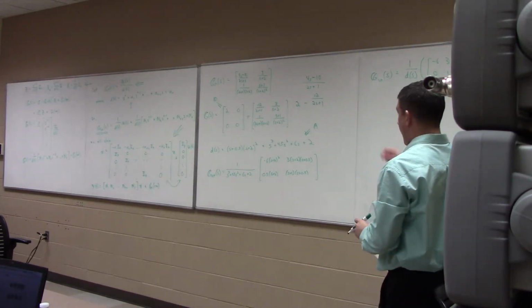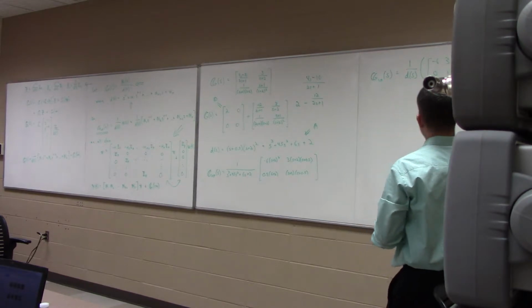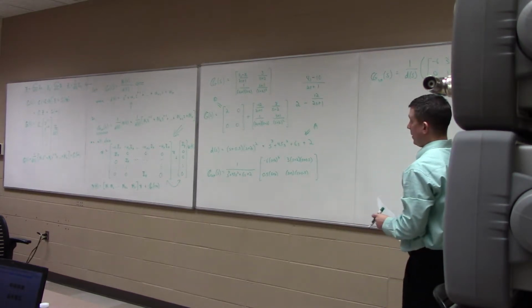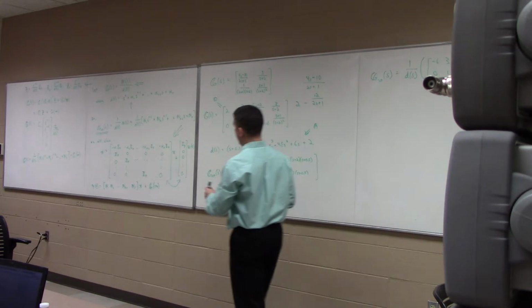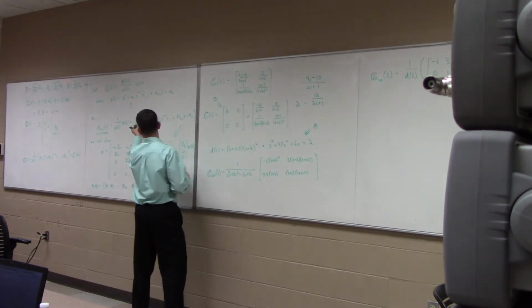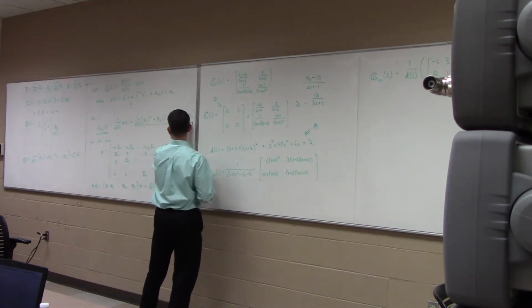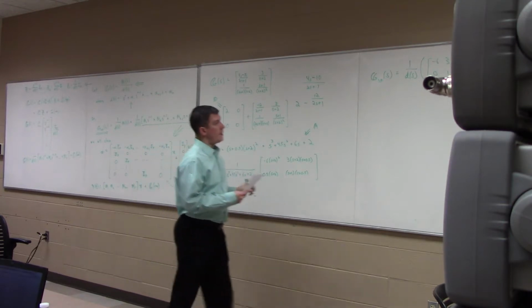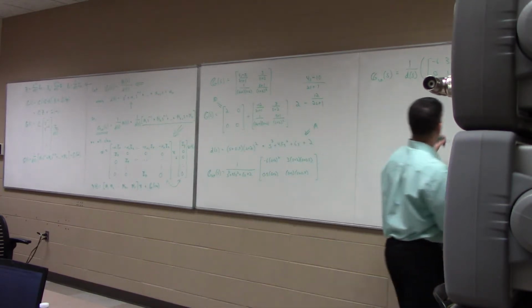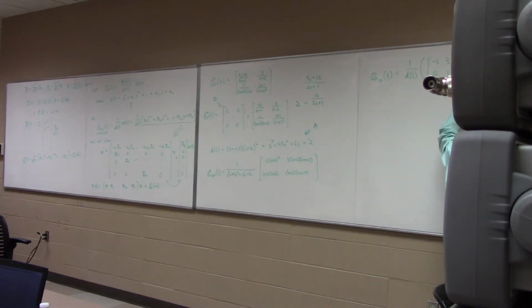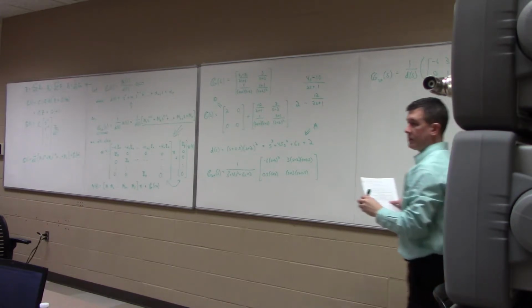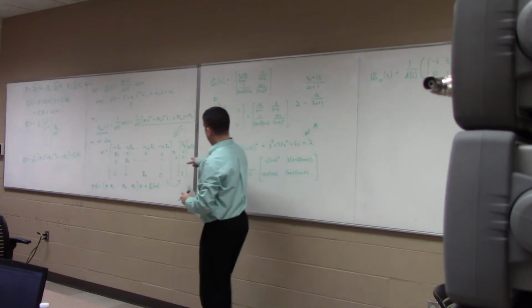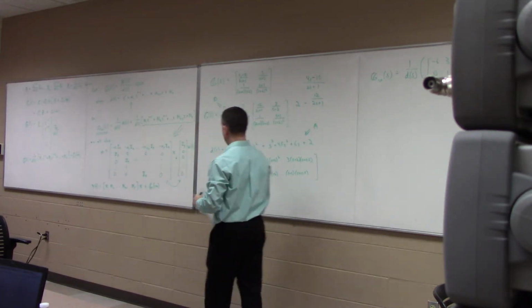Okay, so now I've got my numerator in the form that I need it in, right? Just like this. So now I've got matrix C right there. I've always had matrix B because it's just 1 plus a bunch of zeros.